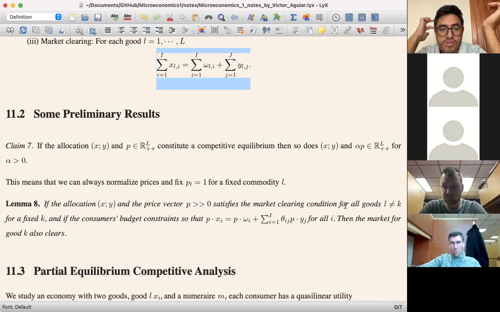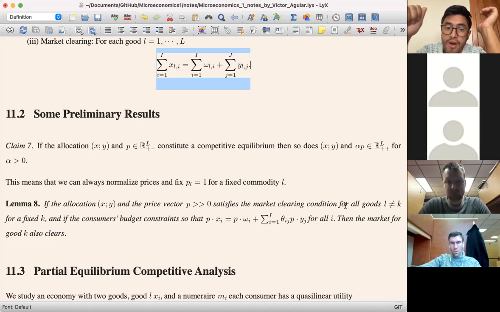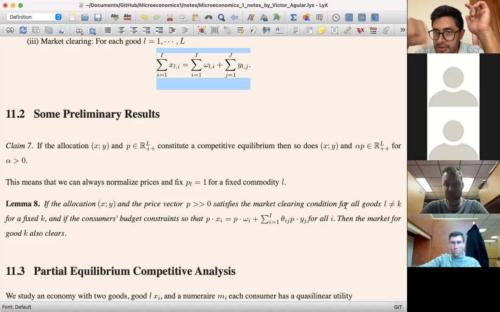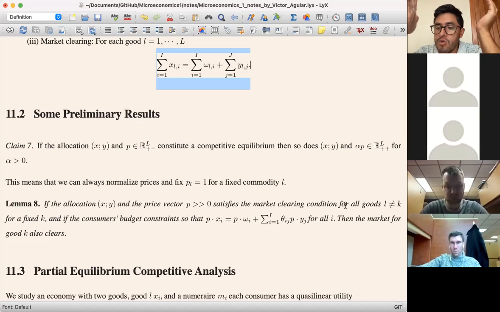And if the consumer budget constraint is such that the multiplication of price times x_i, where x_i is denoted in the commodity bundle, a vector of size L of consumer i, is equal to the endogenous budget constraint, so not with the less than or equal, but actually equal, then the market for good k also clears. So what this means is, imagine you have 10 markets and you verify that 9 markets are satisfying market clearing. Then it has to be that the last, 10th market also clears, okay?